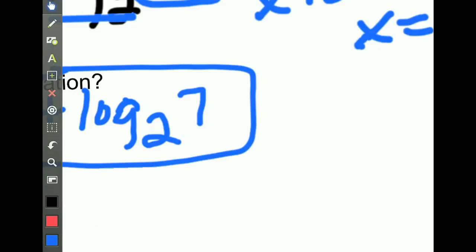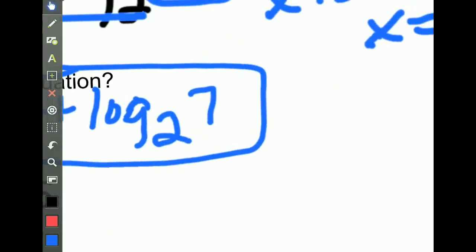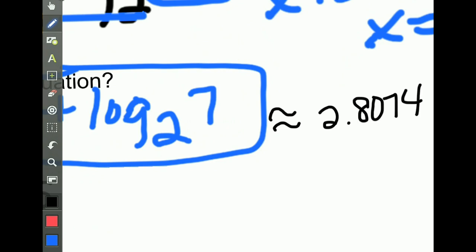I haven't taught you the trick yet, but it's coming. So there's an actual value for log base 2 of 7, and that value is approximately 2.8074, which means if I raise 2 to the 2.8074, I'll get approximately 7.